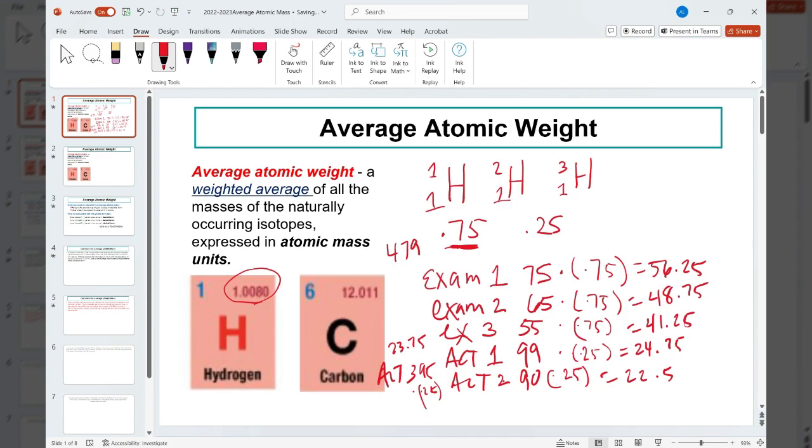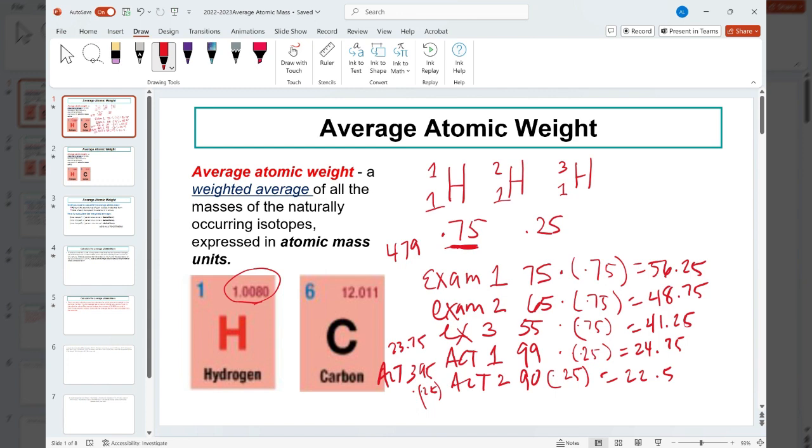So each of these total point grades has to be multiplied by what it's weighted. Again, exams are weighted more, or more importance is placed on their scores than the activities.